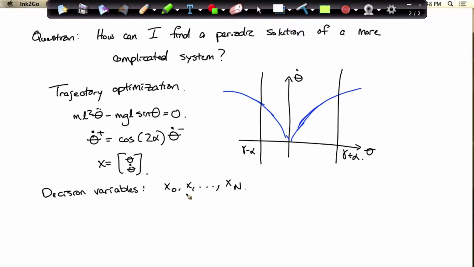Okay, and let's just start leveling the constraints against the problem, right? So I want to find some solution that has, well, let's say my initial condition should be somewhere. I don't know exactly where it's going to be. I want to find whatever the right periodic cycle is, okay? But it's going to be somewhere along this line. I could say that theta at time 0 had better be somewhere on this switching surface. I could say that theta at time N had better be on this switching surface.